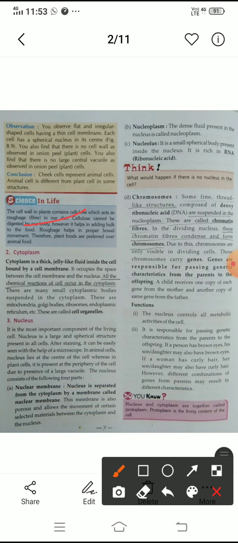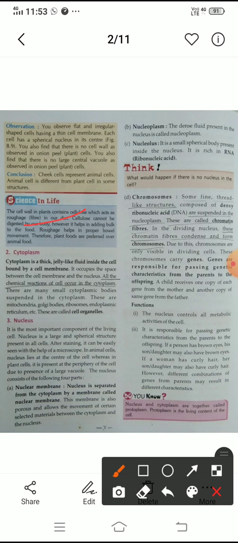It is formed with cytosol, which consists of vitamins, minerals and so on. There are many cytoplasmic bodies such as mitochondria, Golgi bodies, lysosomes and so on. These are called cell organelles. We will discuss all these organelles after this class.